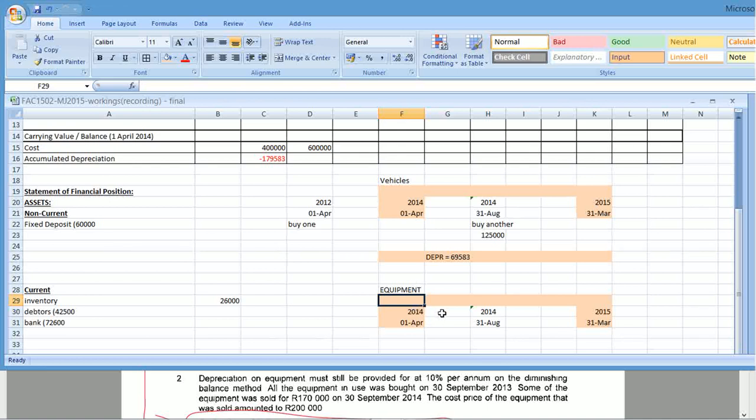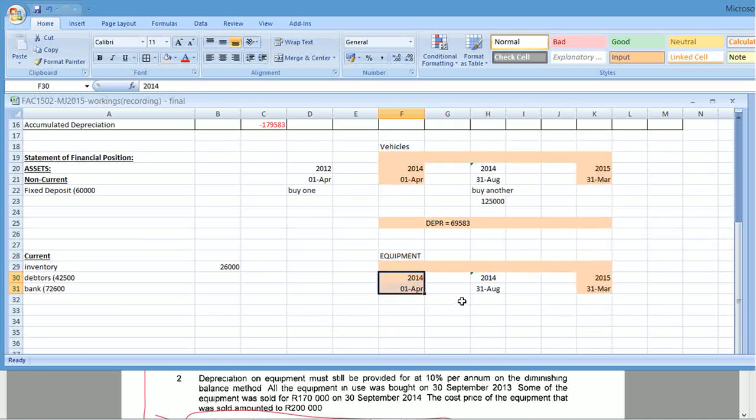For the equipment, I'm obviously starting here. The date that they said bought on 30th of September 2013. So 2013, and there's 2014, and then you would have had 2013 as well. Great.